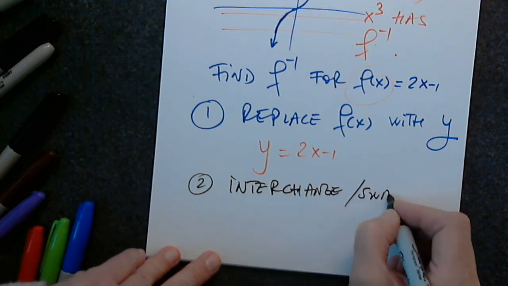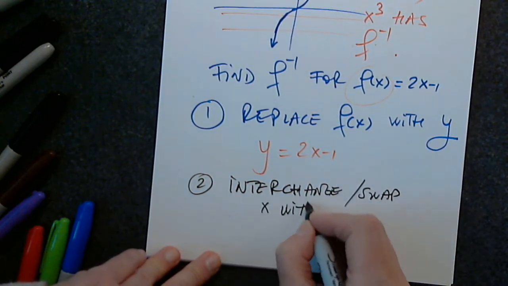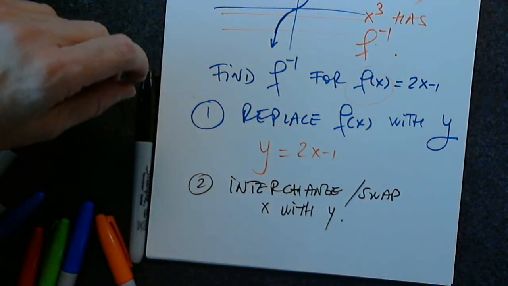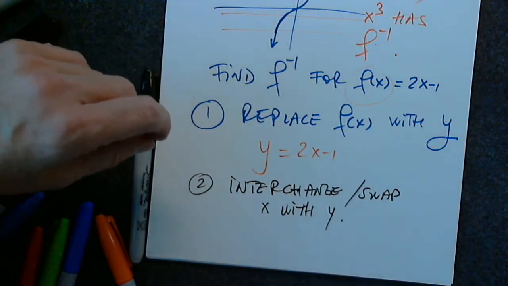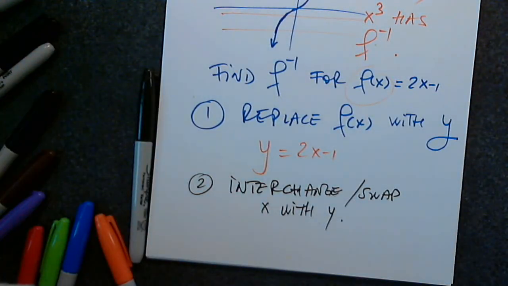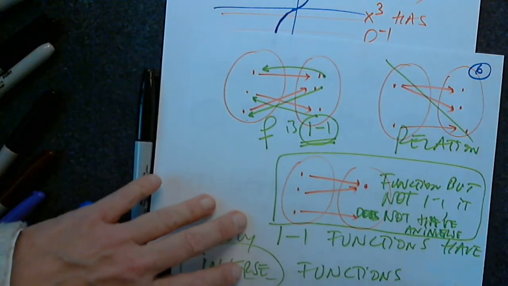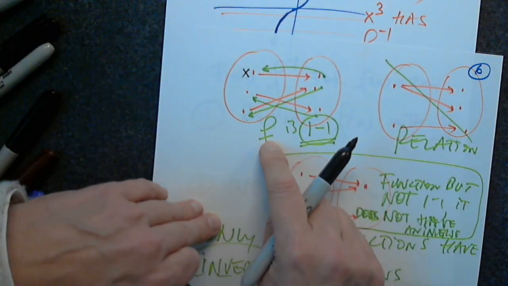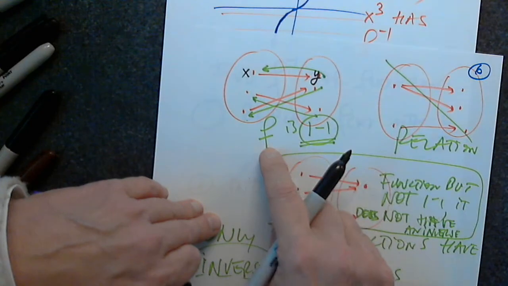Number 2: I want to interchange, or swap, x with y. Now, hold on. You have to say why. Who allows you to do that? Here it is. This value is x for f, and this value is y for f.